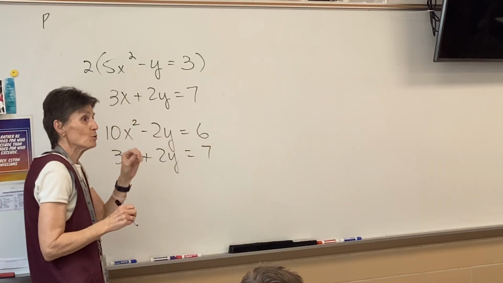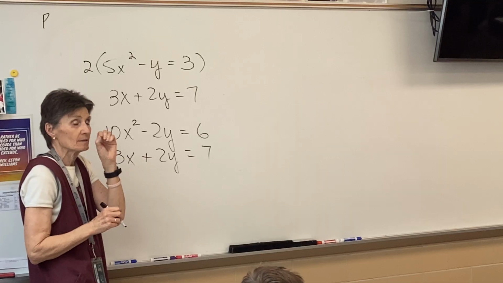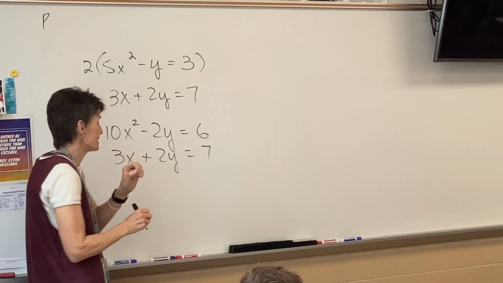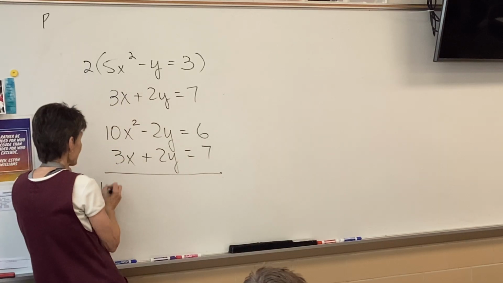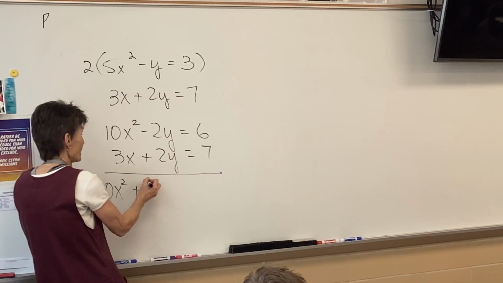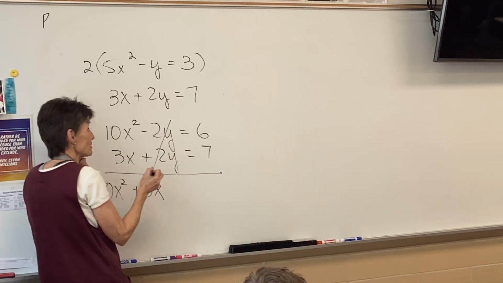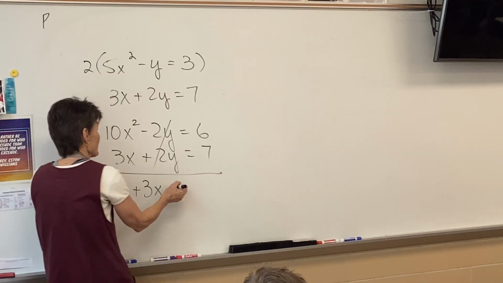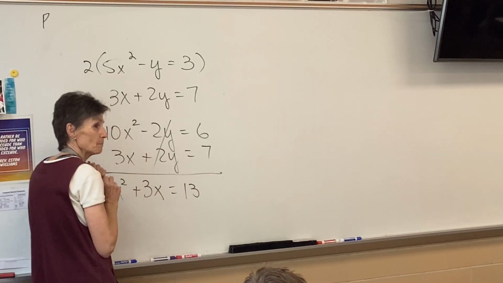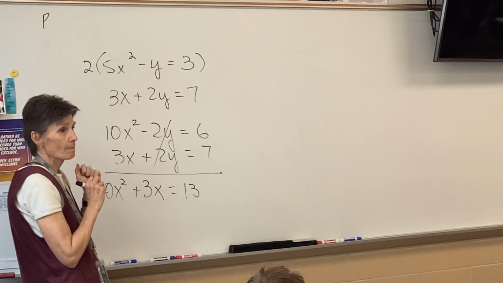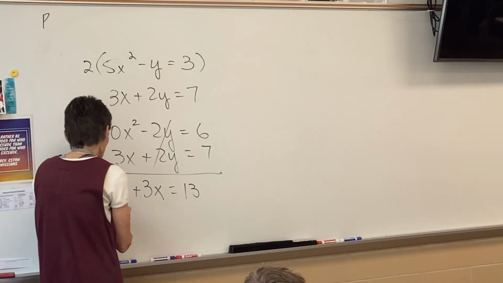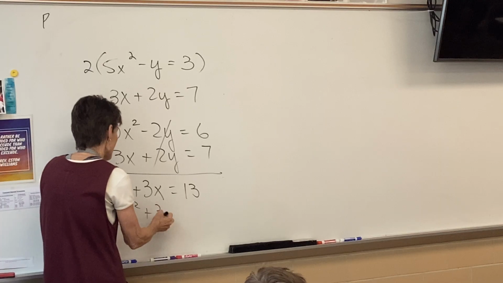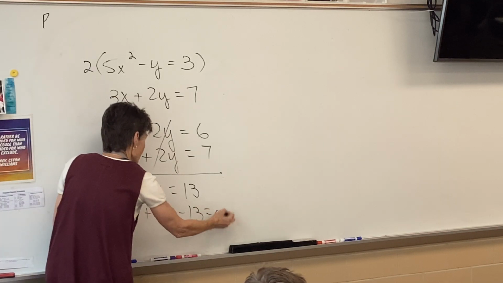Now, what you absolutely can't miss is these don't add. This is going to be 10x squared plus 3x. Your y's are gone, which is a good thing, equals 13. So 10x squared plus 3x minus 13.